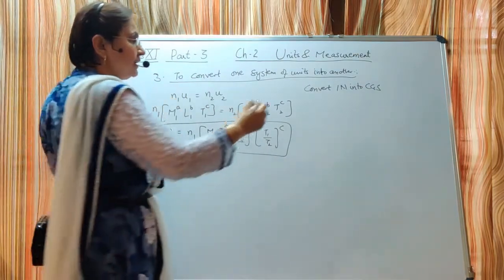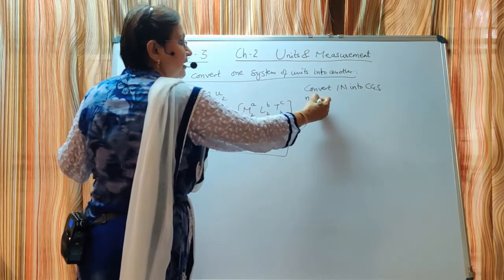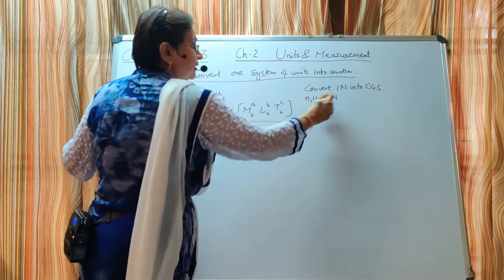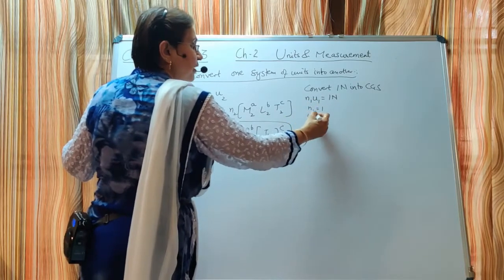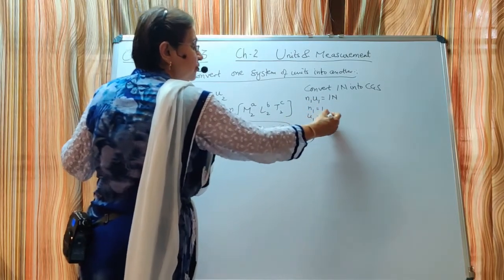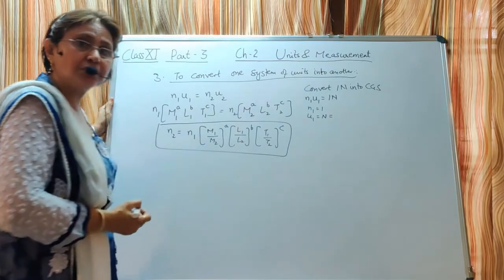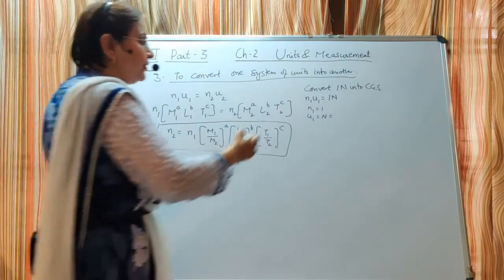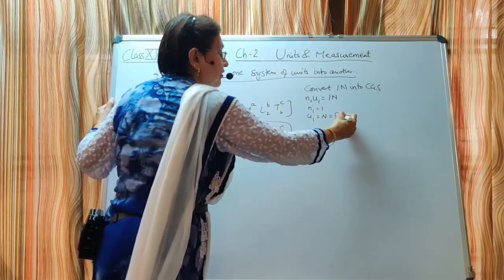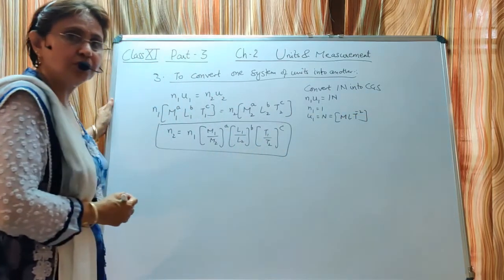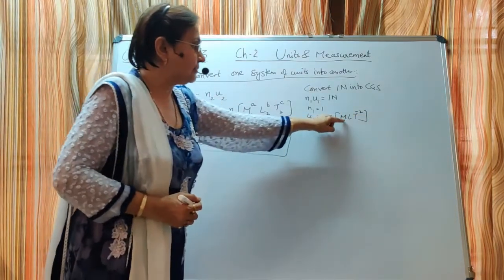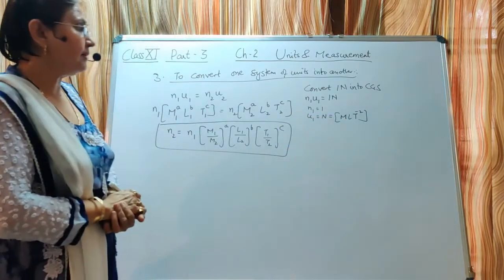So what is N1 U1 here? N1 U1 is 1 Newton. That is, N1 is 1 and U1 is Newton, and U1 has a dimension. Newton is the unit of force, and we know that the dimensional formula of force is MLT raised to the power minus 2. So Newton has this dimension, MLT raised to the power minus 2.